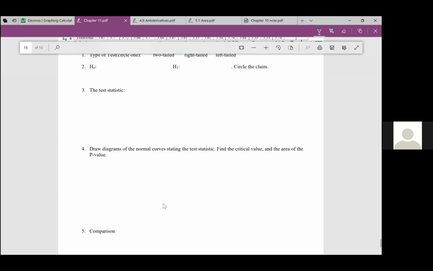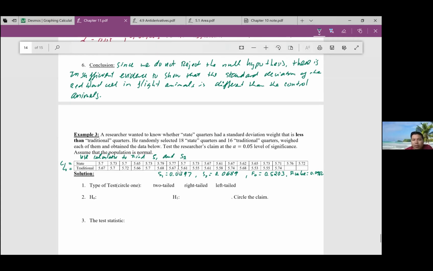I think I may have entered it wrong in my calculator or something. For S1, I got 0.0482.